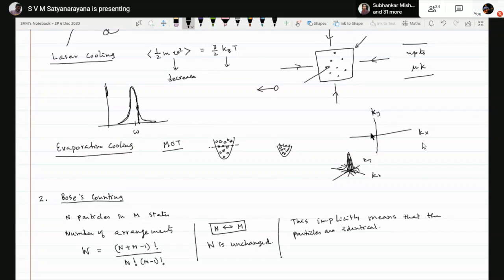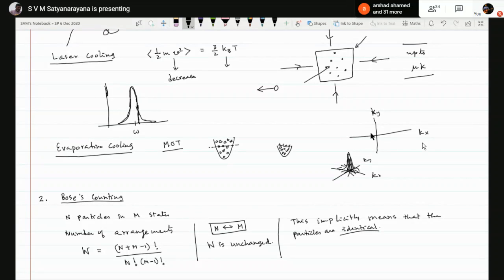So I think this kind of a symmetry that is inherent in Bose counting method is an indication that these particles are identical.